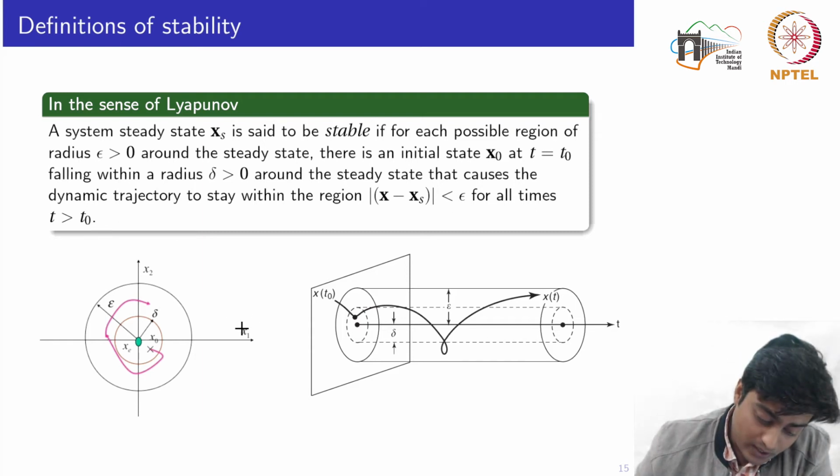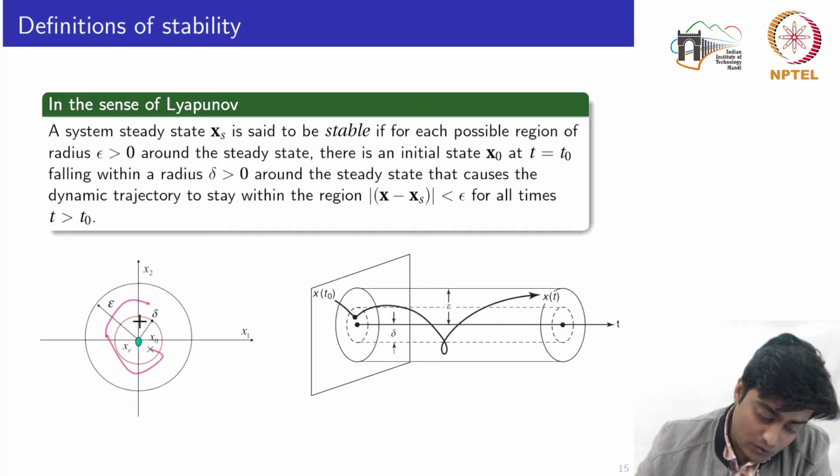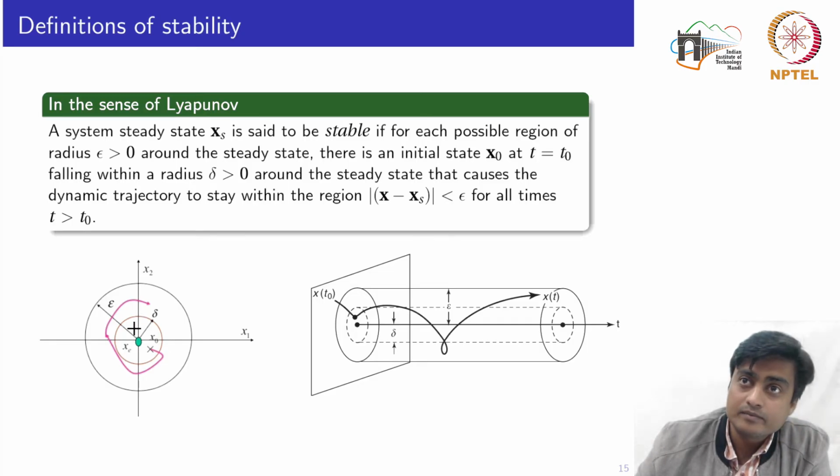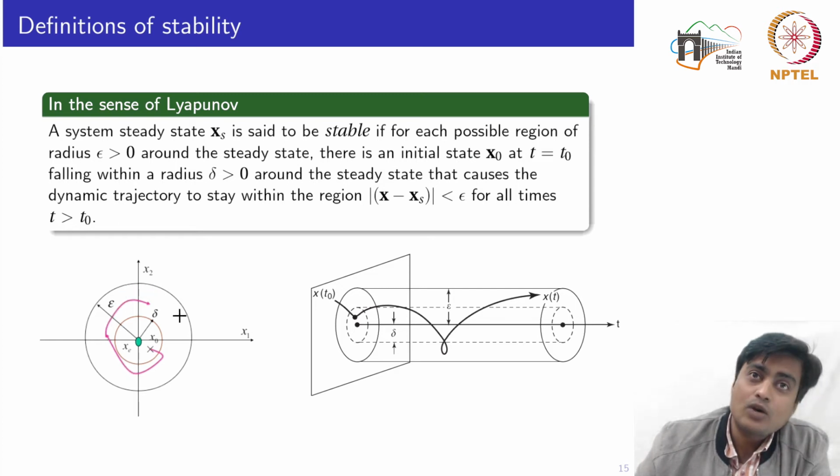So if we want to visualize this definition, let's consider a second order system, meaning a system with 2 states, x1 and x2, and we draw 2 circles of radius, one epsilon and another delta inside this epsilon. If I initialize my system at this value x0, which is inside this delta, then for the whole time axis, that is t tends to infinity, my trajectory will not leave this outer circle.